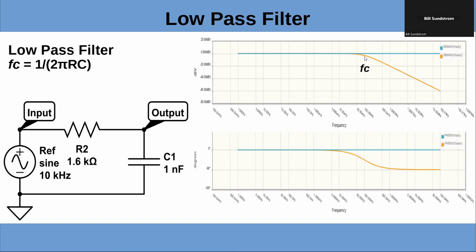Probably 3 dB down here at about 100. And this is just a plot of the phase shift, because in these filters, you're going to get a change in phase whether it's in the pass band or out of the pass band.